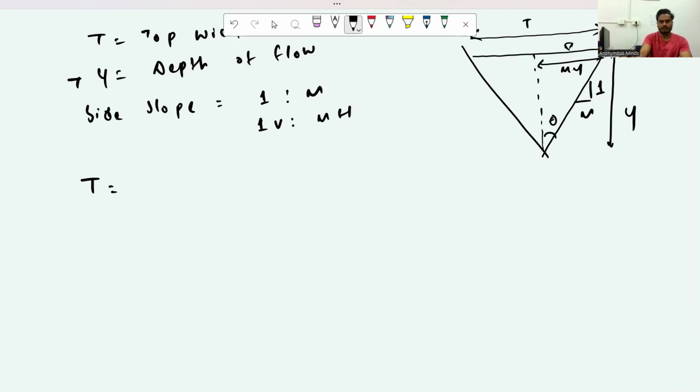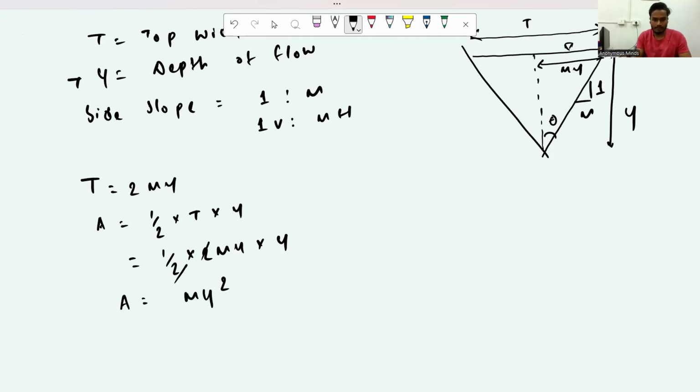So capital T is equal to 2my, and area will be equal to half into capital T into y. This will be equal to half into 2my into y. So let's cancel out 2 and 2. So A is equal to my square. From here I can write y is equal to under root A upon m.